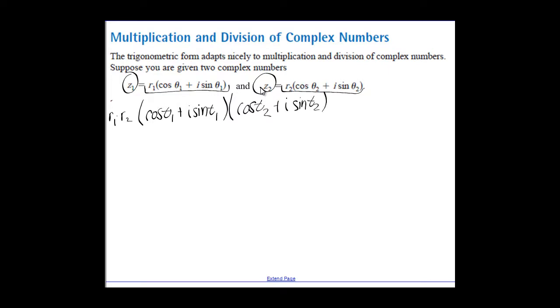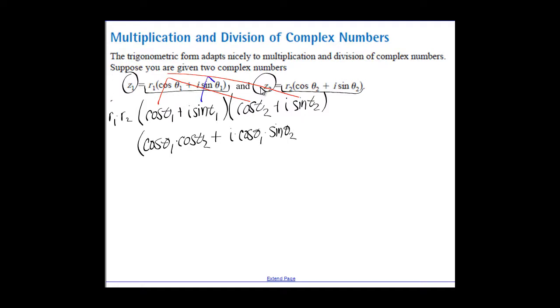So I'm going to distribute this cosine across both and come up with cosine of theta sub 1 times cosine theta sub 2 plus, I'm going to keep the i in front, so I'm going to have i cosine theta sub 1 times sine theta sub 2.